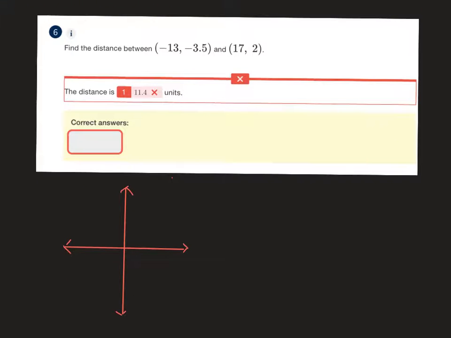All right, here's our next one. This is number 6 in your support work. So we have the distance between -13, -3.5, 17, comma 2. Plot the points, see it out. If you don't draw it out, it's kind of difficult to tell what the legs are going to be. -13, -3.5 is going to be right there.